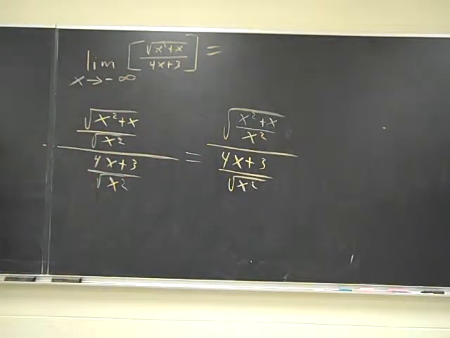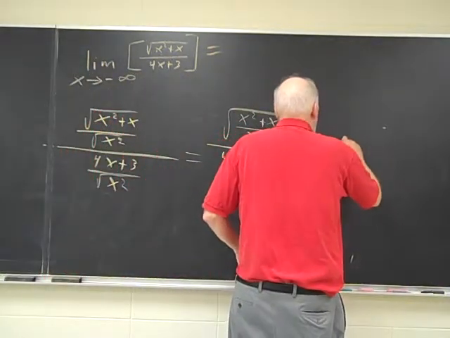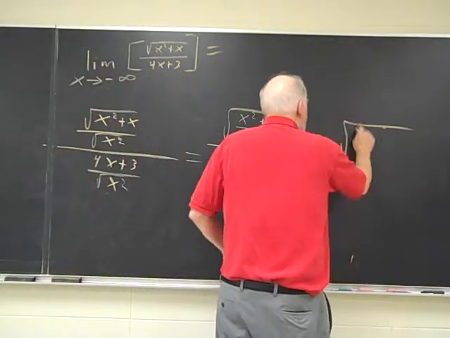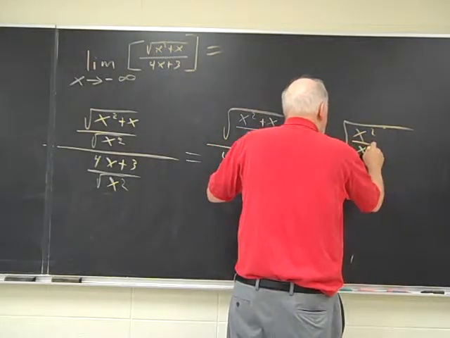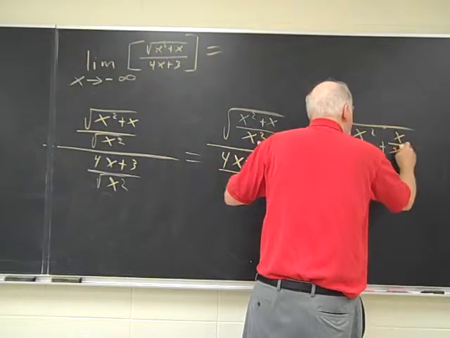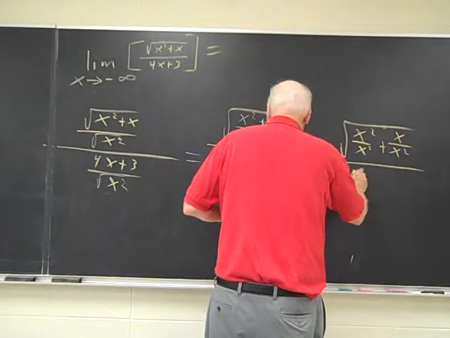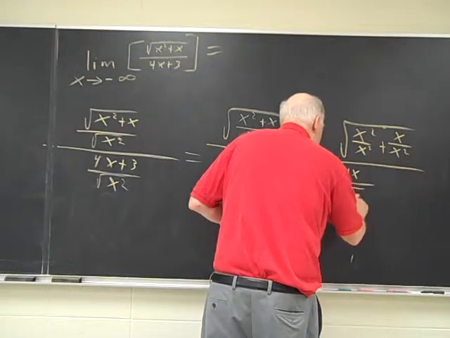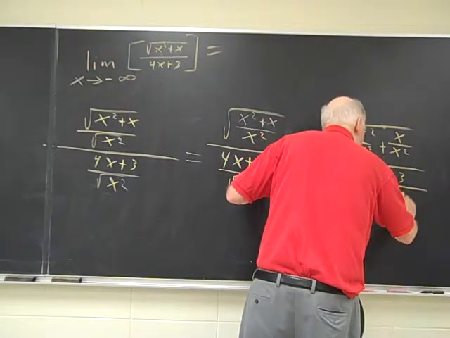Now I can start doing some simplification. So I'm going to split this fraction up. This is the square root of x squared over x squared, plus x over x squared, divided by 4x over the square root of x squared plus 3 over the square root of x squared.